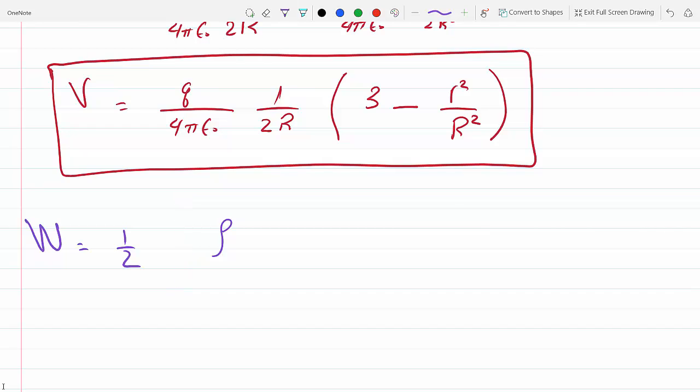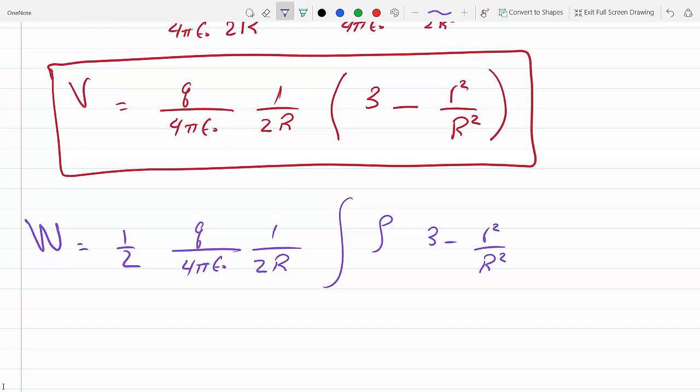Let me pull the constants out. So Q over 4 pi epsilon 1 over 2R, rho V, 3 minus r squared over R squared, d tau on V.